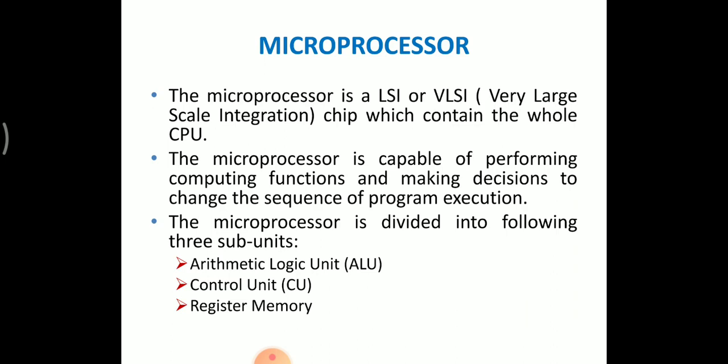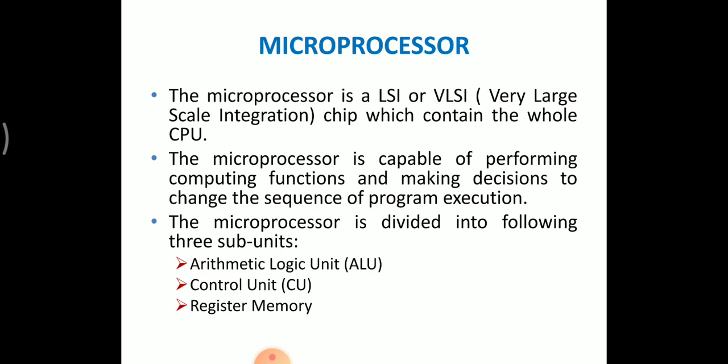Examples of microprocessor are Intel 8085, Intel 8086, and so on. The microprocessor is capable of performing computing functions and making decisions to change the sequence of program execution.